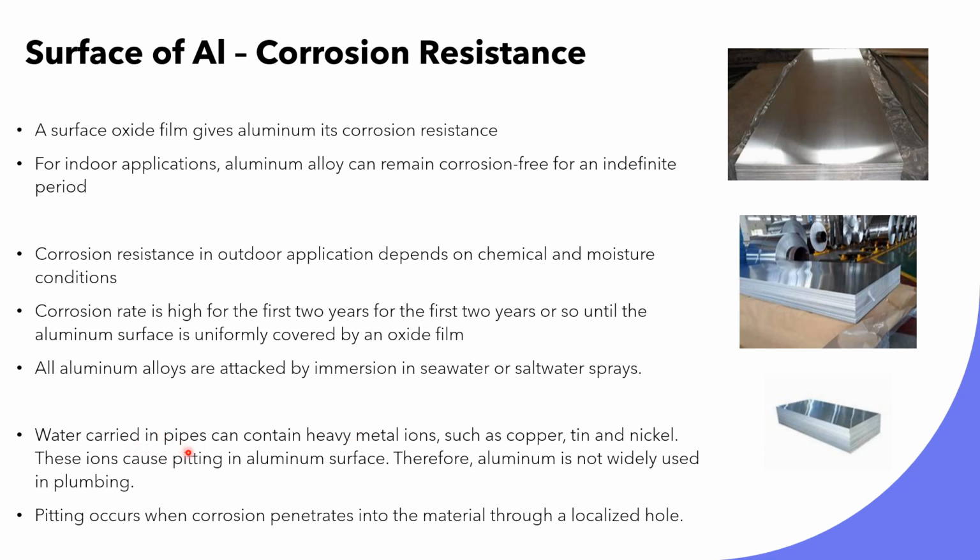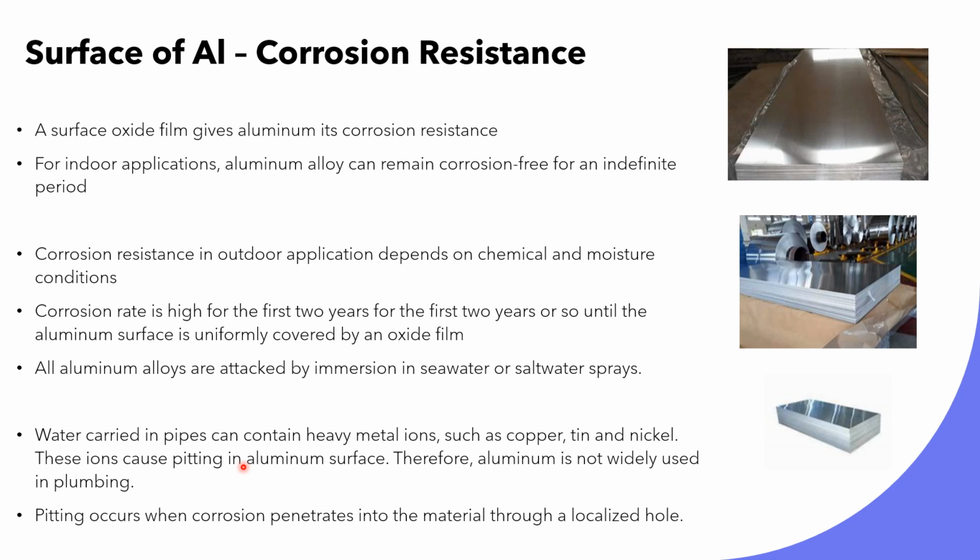Think about water carried in pipes. We use water all the time; we transport water because we need it at home everywhere. That water is carried in pipes and contains metal ions like copper ions, tin ions, and nickel. We also add chlorine to get rid of bacteria.